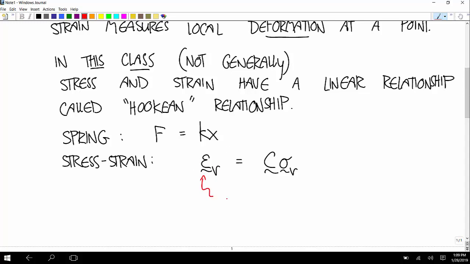So this is the Voigt strain, that's 6 by 1, like a column vector, but with 6 values. Same thing with this Voigt stress, that's also 6 by 1. And the matrix you need to go from 6 by 1 to 6 by 1 is the 6 by 6. So it's a 6 by 6 matrix of constant values.